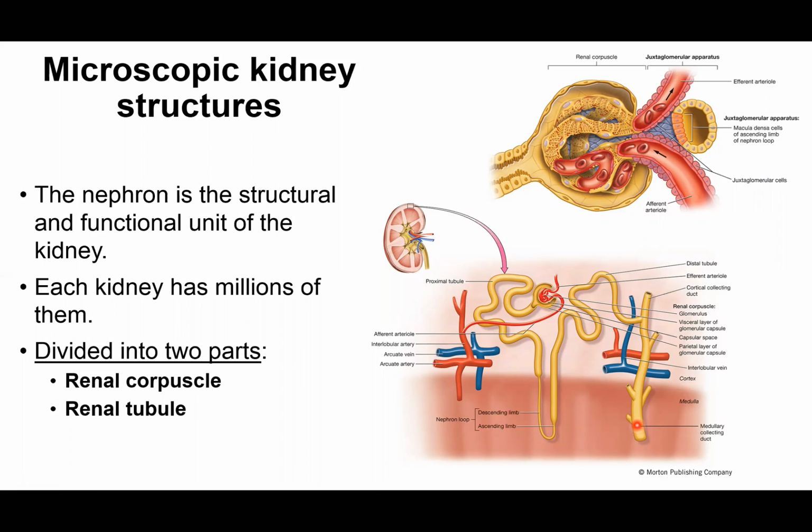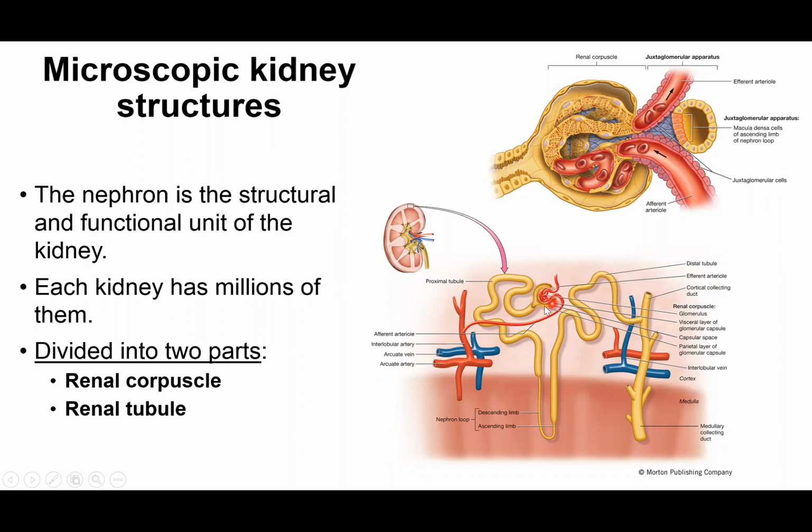The renal corpuscle is going to include this circular area here. Okay, so the glomerulus, and then what we call the renal capsule, the glomerular capsule, excuse me. It's also called Bowman's capsule.